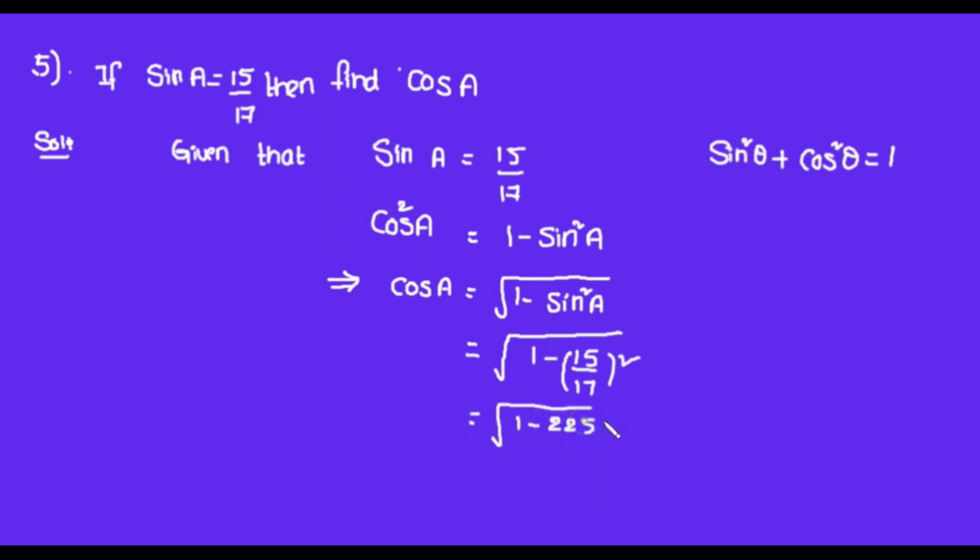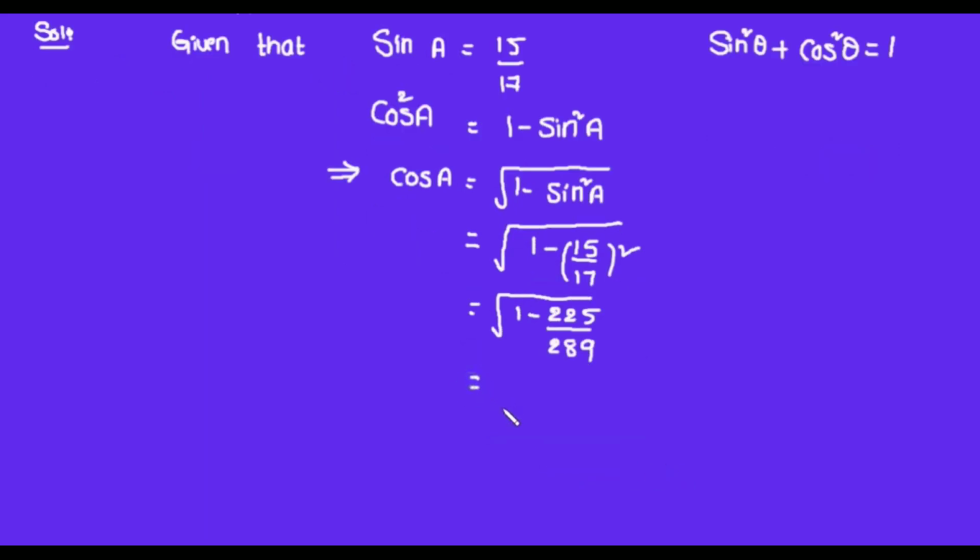That is equal to square root of 1 minus 15 15s are 225 by 17 17s are 289. That is equal to square root of, here 289 is the denominator. The numerator can be written as 289 minus 225.